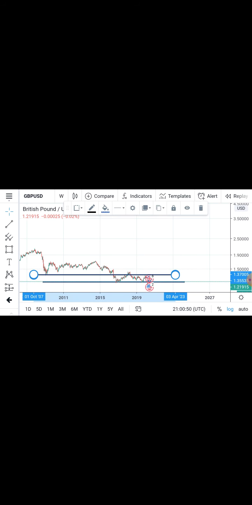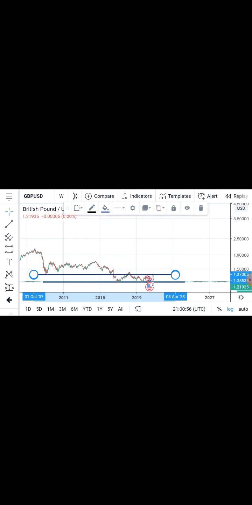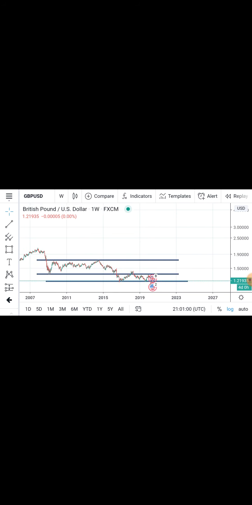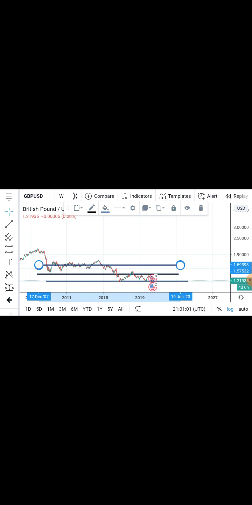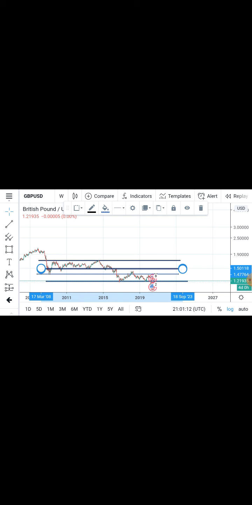Now remember, I'm doing this on the weekly. I zoomed out so we'll be able to see this. So we want to make our lines as long as possible. You can see this zone here. And you can see this right here.